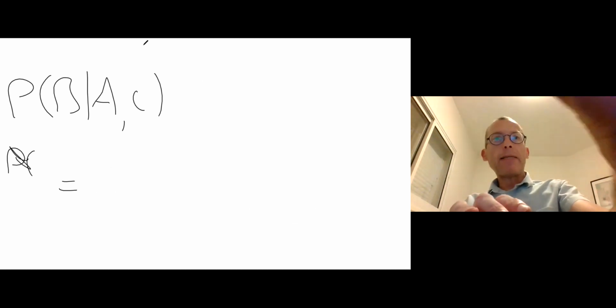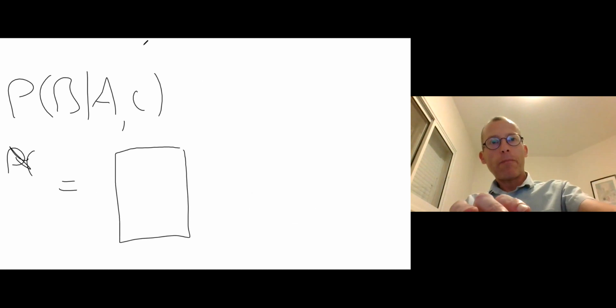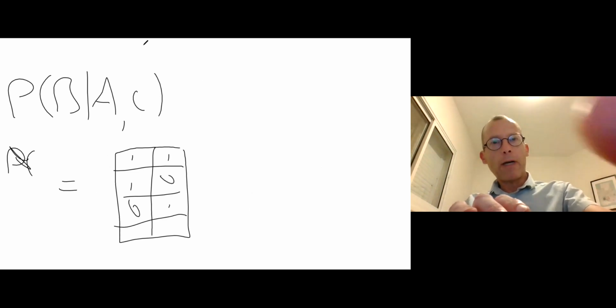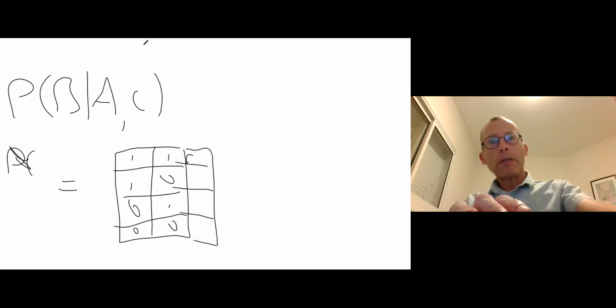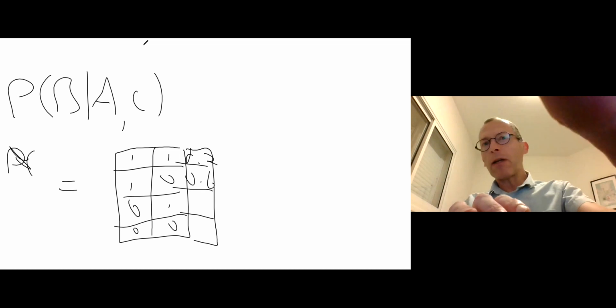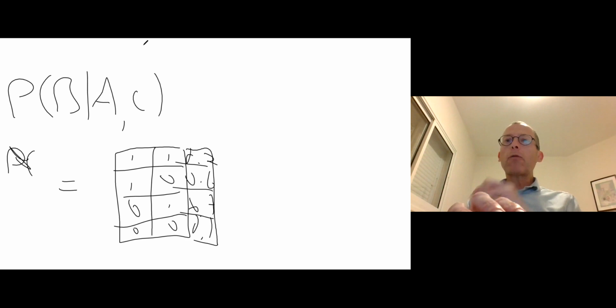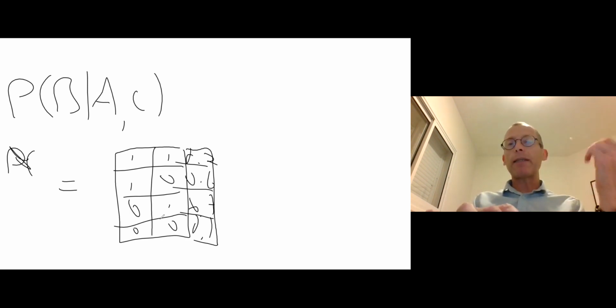We need to have four possible combinations, right? 1, 1, 1, 0, 0, 1, 0, 0, and for each one we have a probability. So this could be 0.2, 0.6. They don't have to sum to 1, obviously. 0.7 and 0.1. So this will be a table, and these are the values of the parents, and this is the probability that B is 1 given that this is the value of the parents. The number of entries in the table, of course, is an exponential function of the number of the parents.